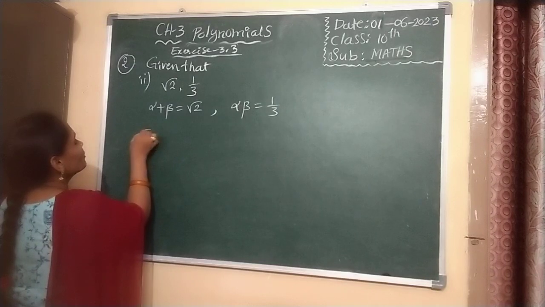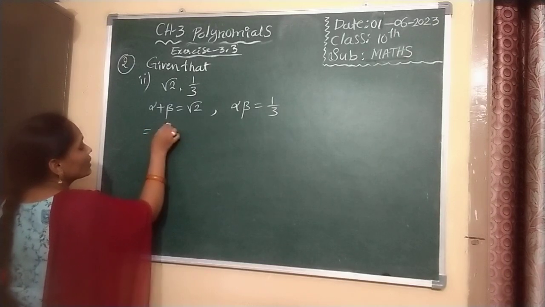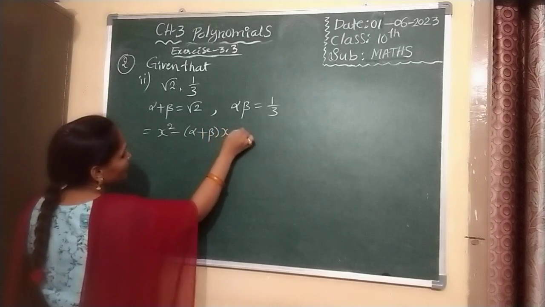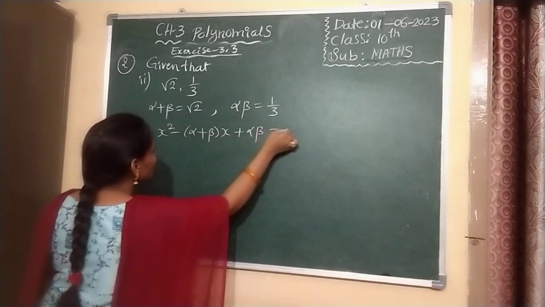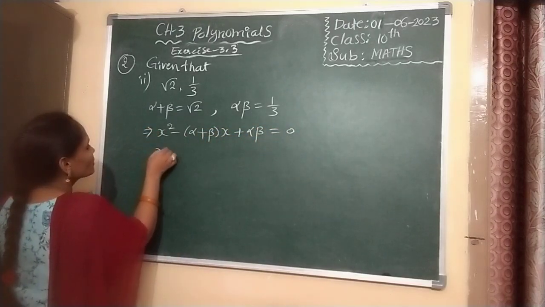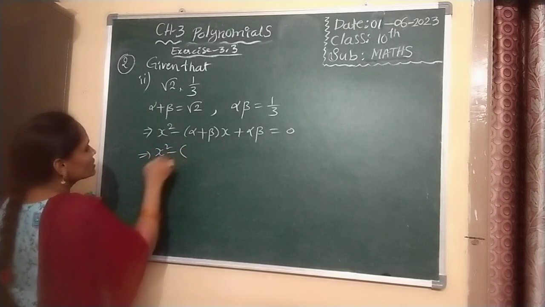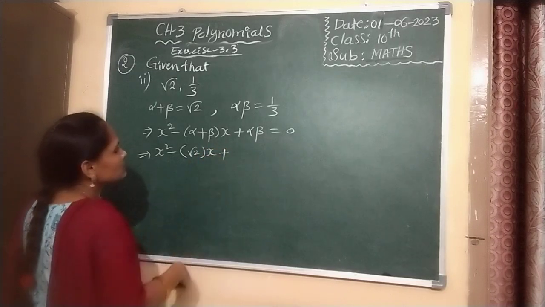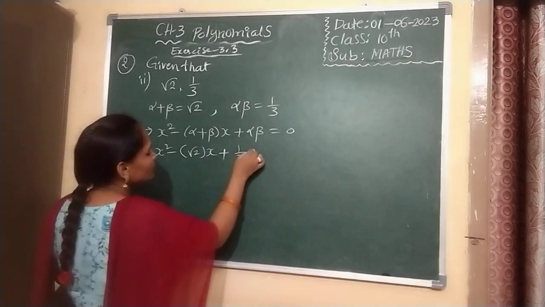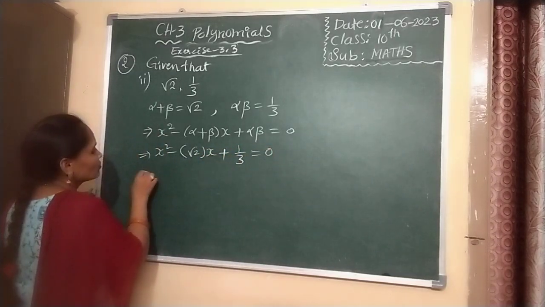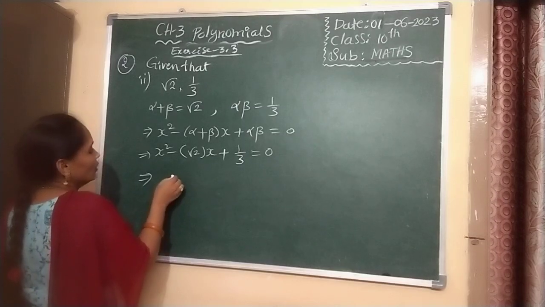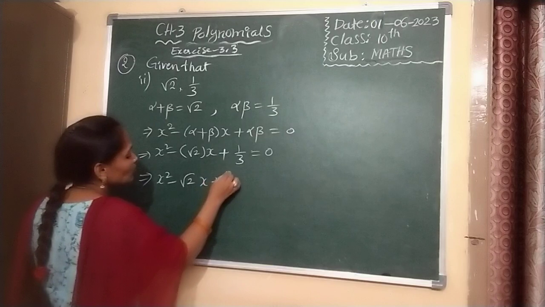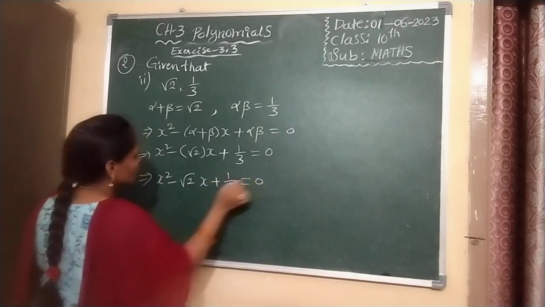The general formula is x square minus of alpha plus beta into x plus alpha beta is equal to 0. Now x square minus root 2 x plus 1 by 3 is equal to 0.